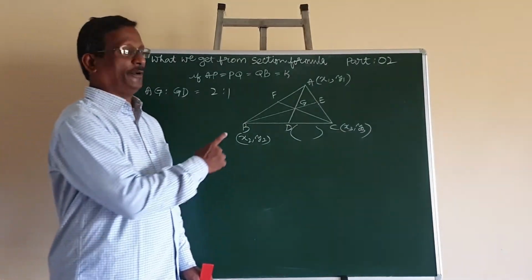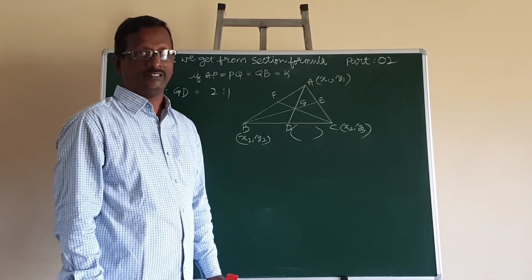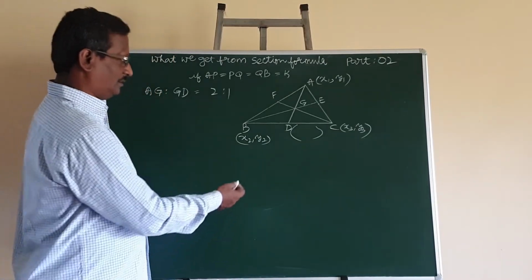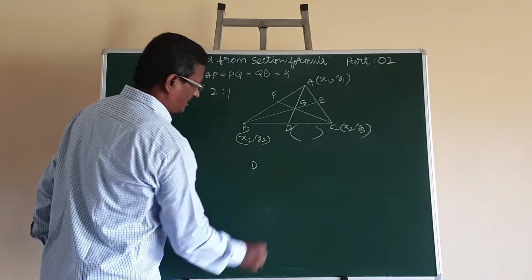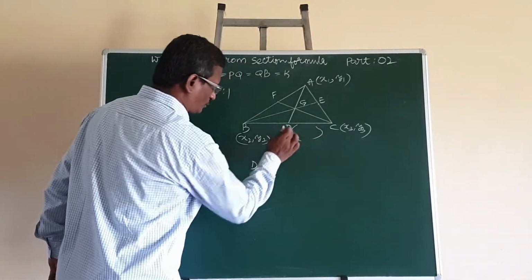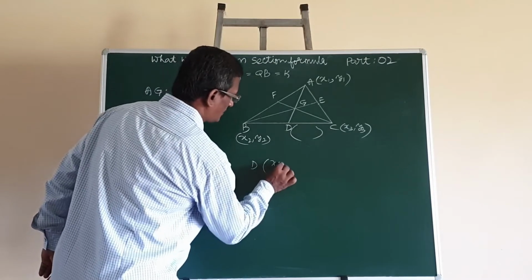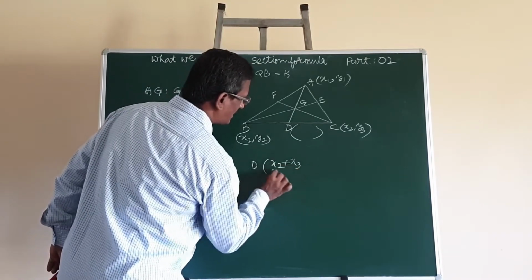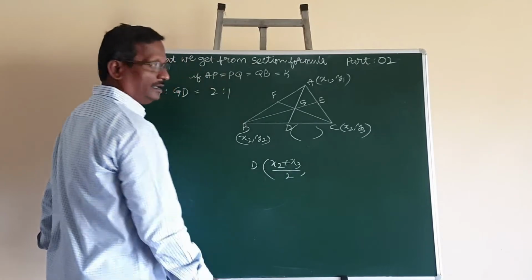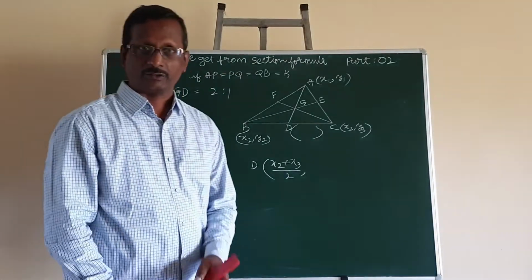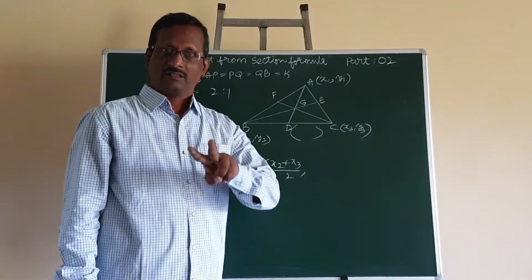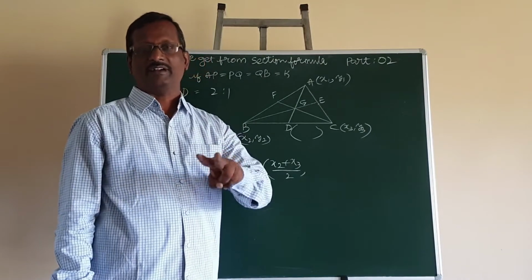The coordinates of point D: since D is the midpoint, as we have learned just before, the x coordinate is the average of the two x coordinates, that is (x2 plus x3) by 2. In an average, if there are two x coordinates, the average is the sum of the two x coordinates divided by 2.